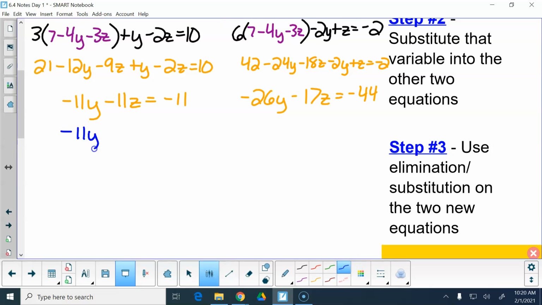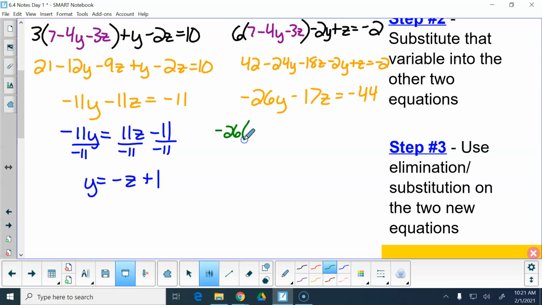Negative 11y equals 11z minus 11. Divide everything by negative 11. That's going to give me y equals negative z plus 1. Plug that back into my other equation.